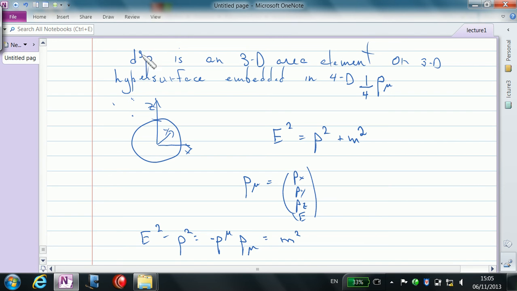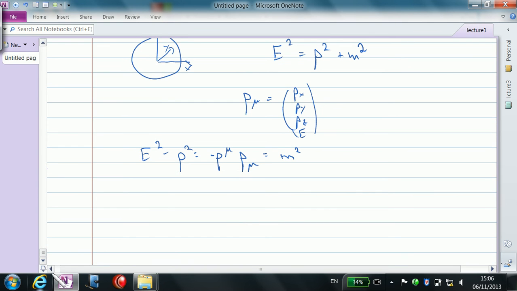And what vector is perpendicular to this area? Well, P mu itself. And therefore this is proportional to P4. Therefore dqp is proportional to P4, which is equal to the energy, and therefore dqp over E is a Lorentz invariant.